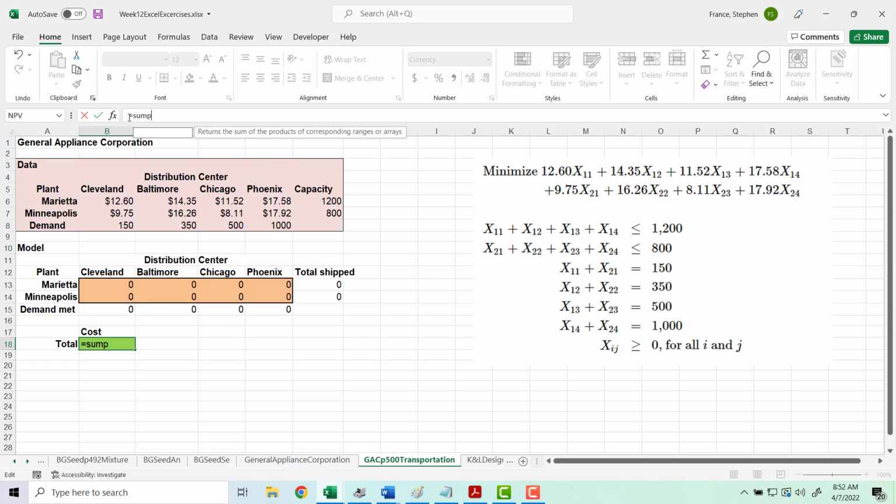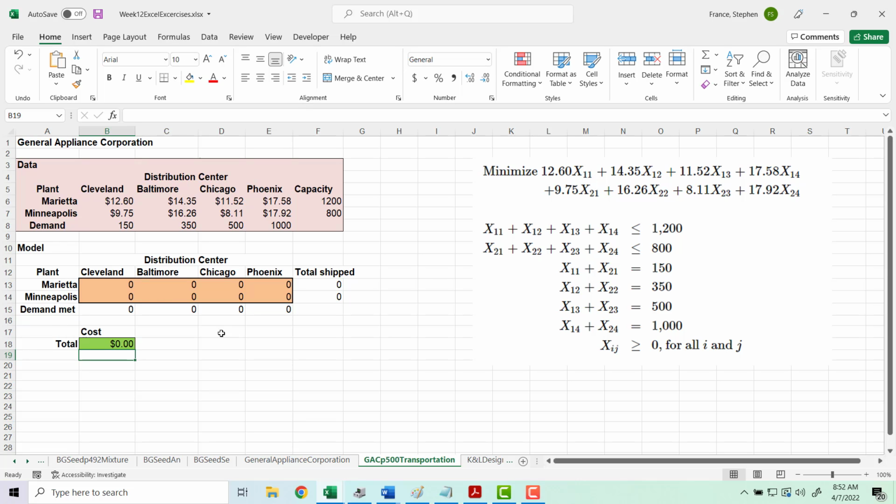It's going to be some product. So say, for example, we send one from Marietta to Cleveland. That should be 1260. And then we have one from Baltimore to Minneapolis, which is 1626. We get 2886.